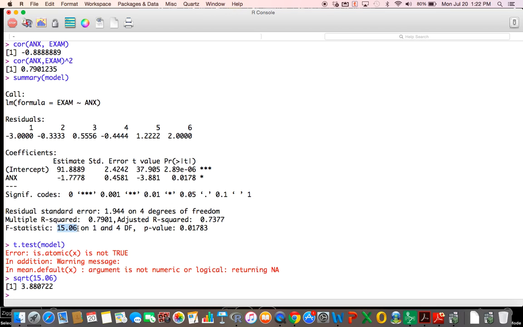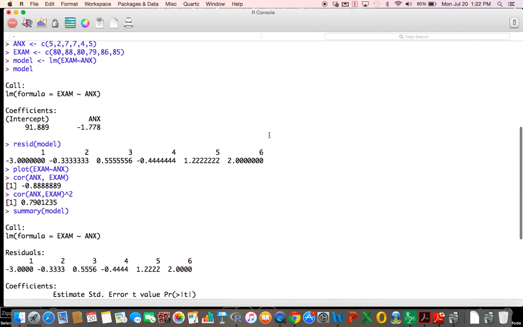So 15.06. Take the square root of that, you get 3.88. The negative is something you just have to think through because your test statistic will always have the same sign as your R value and the slope of your regression model. So, guys, just a little bit of an FYI there.